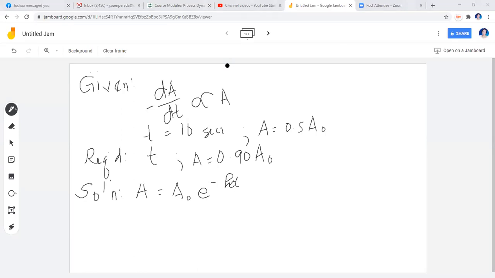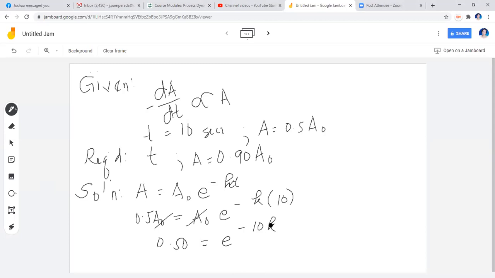So I will now substitute that after 10 seconds, your A is 0.5 A sub O. And this would be A sub O. And you have E raised to negative K. And then your time here is 10 seconds. If you notice, you can cancel the A sub O. And you have the 0.5 here being equal to E raised to negative 10K.